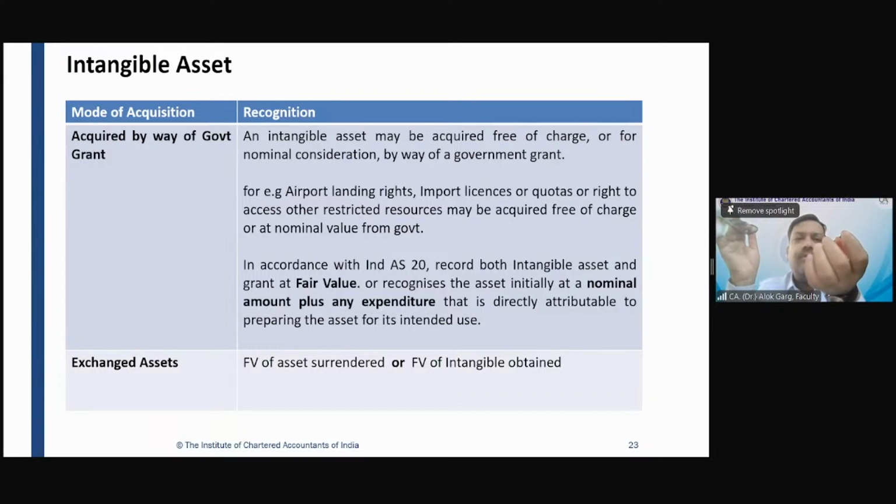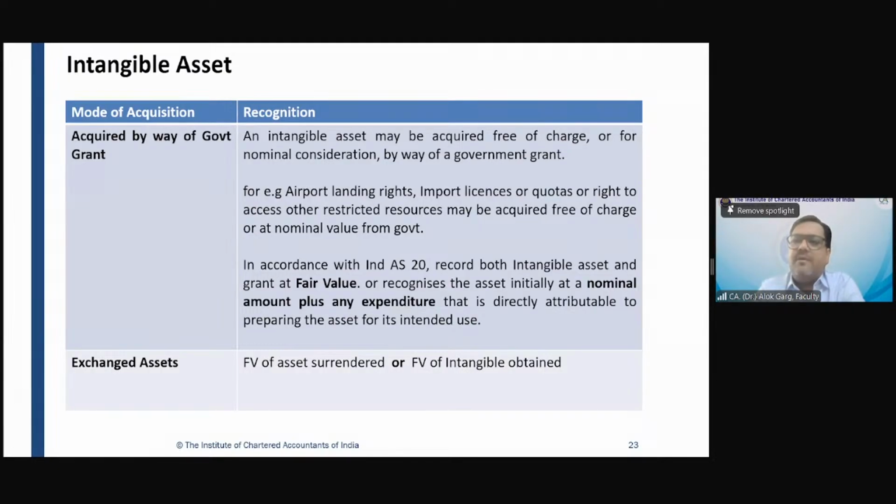At nominal amount. So what is the accounting entry? You just need to pass an accounting entry with 1 rupee. License account debit 1 rupee to other income 1 rupee. Simple.